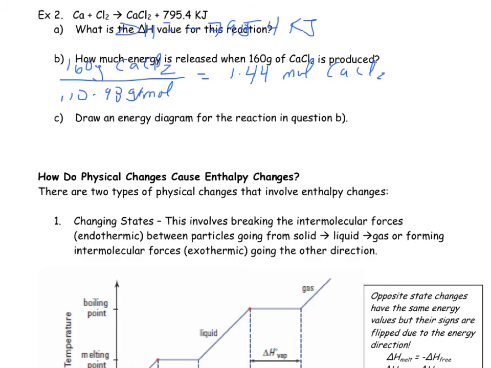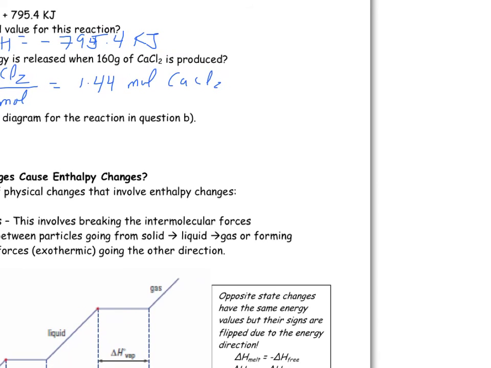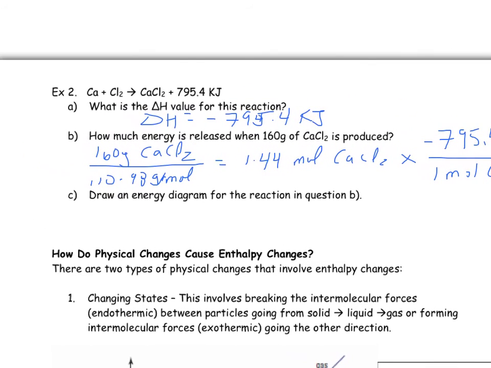To complete the question, I changed my moles into energy by timesing by a conversion factor. I get the 1 mole of CaCl2 because there is no coefficient in front of that chemical in my balanced equation.